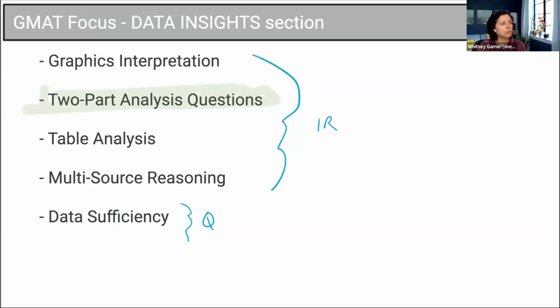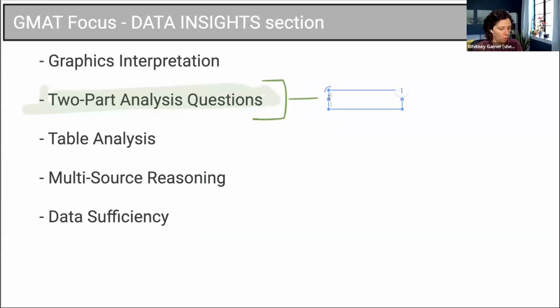So when we start to look at 2-part analysis questions, what we start to see is questions fitting into one of 3 categories. They are really either very quantitative, meaning these are going to feel very much like problem solving multiple choice problems.